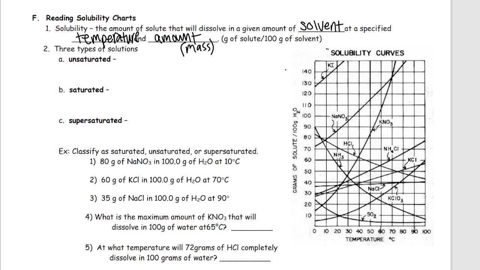There are 3 types of solutions, or 3 ways that we're going to classify them. I'm going to start with B, which is a saturated solution, because I think this one's the easiest to define. A saturated solution is a solution that contains the maximum amount of solute at a given temperature and amount of solvent. I think I said that backwards.